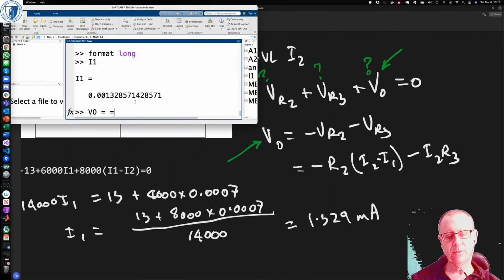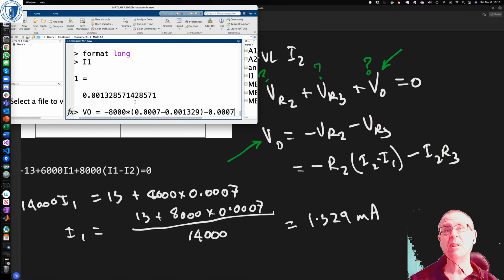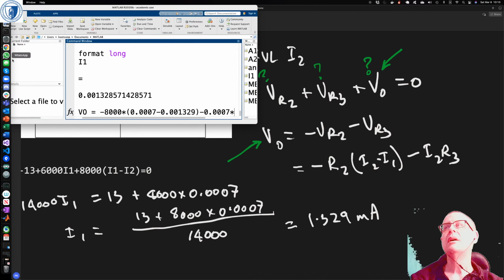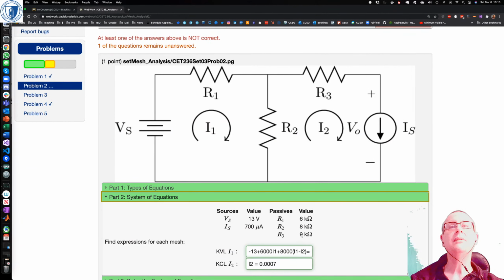So R2 is minus 8,000 times I2, which is 0.0007, minus I1, which is 0.001329, minus I2, which is 0.0007, times, and I've forgotten what R3 is.